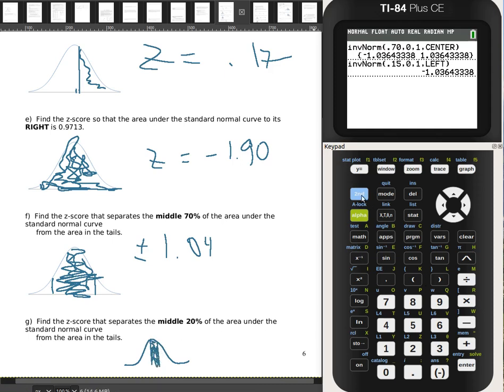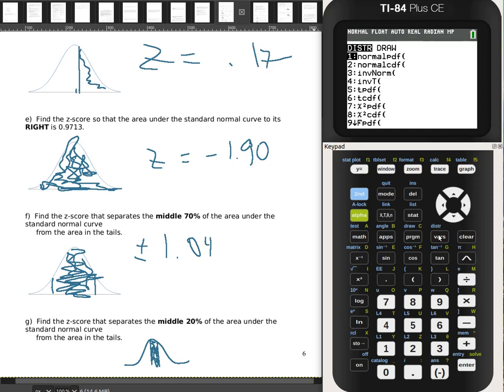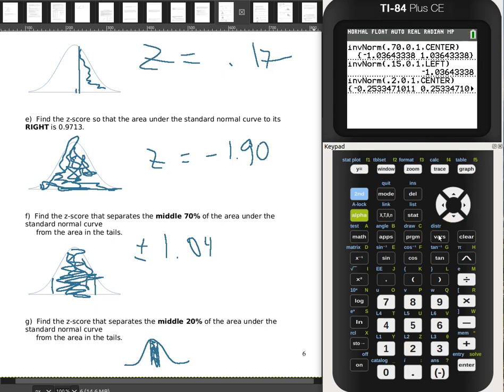So we need to do our inverse normal. I think we're getting the hang of it now. We want the tail in the center, and I like this little plus or minus guy. Plus or minus 1/4 of a standard deviation on either side. So good job on these, but there's more to come.